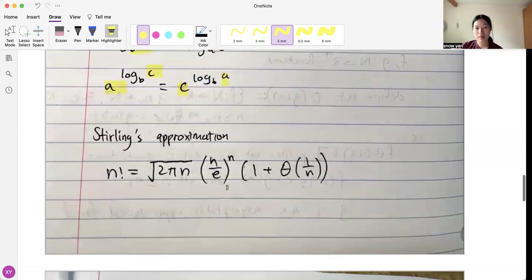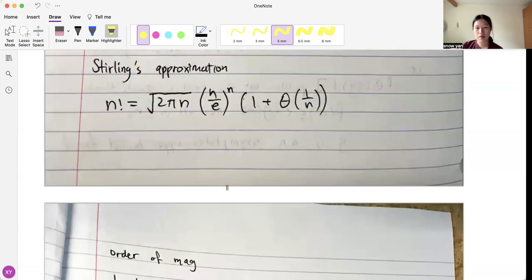Pretty straightforward math properties. And then a formula to know, because there's a lot of n factorial, and factorial is kind of hard to represent by itself. So we just approximate it to be the square root of 2 pi n times (n divided by e) to the n, times 1 plus theta of 1 over n.